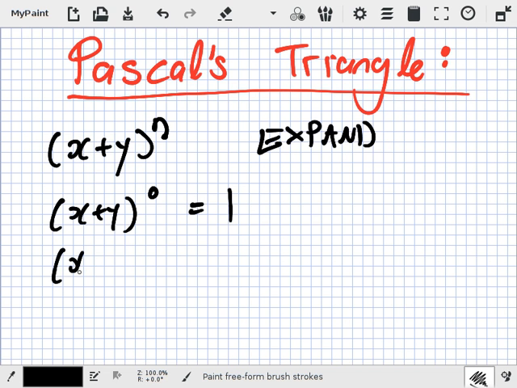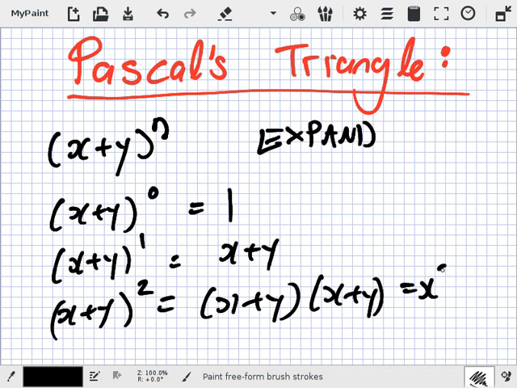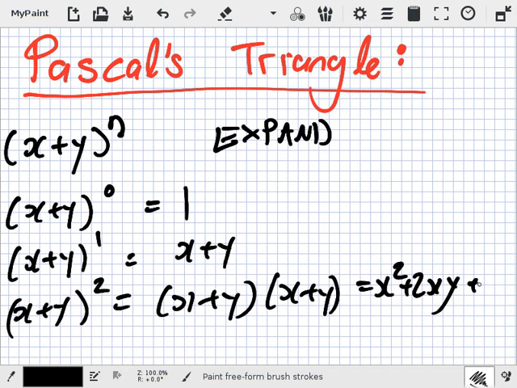Power 1 is x plus y, so that's fine. Now, x plus y squared, you can think of that as x plus y times x plus y, which will be x squared plus 2xy plus y squared, and that's fine.